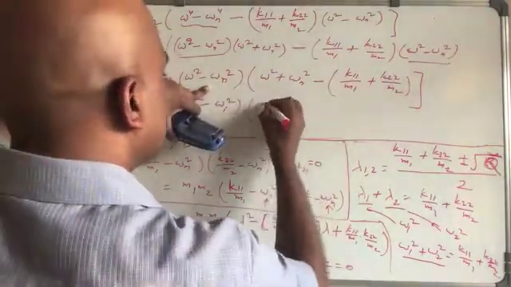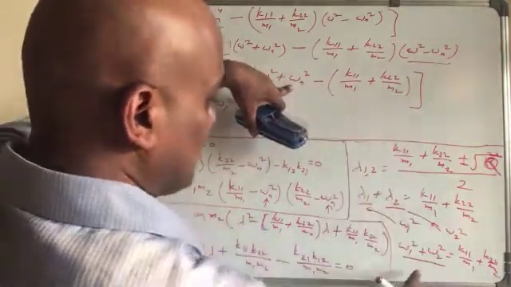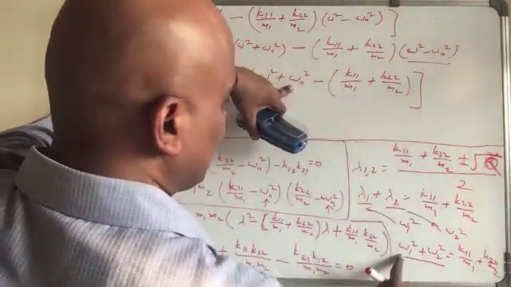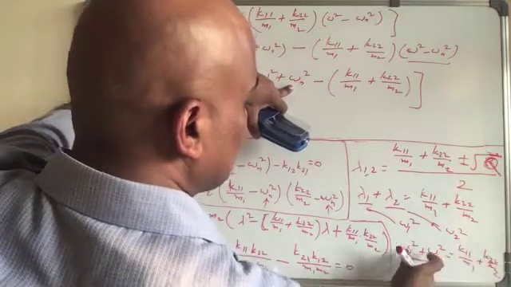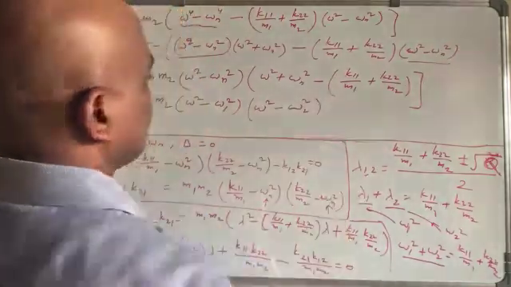Then what happens? Omega square, and then omega 1 square minus this term, this is equal to minus omega 2 square. So this will be omega 2 square.